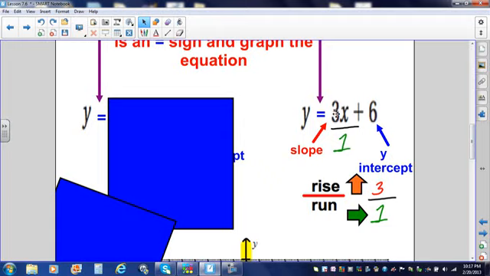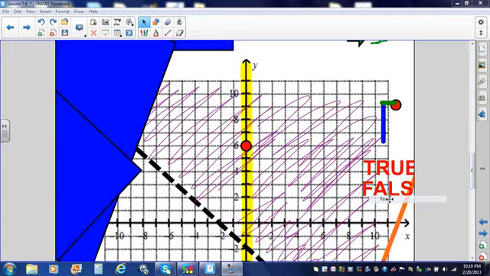Since 3 is positive, I'm going to go up 3 and right 1. Up 3 and right 1, and we will start at positive 6. Your y-intercept is positive 6. We're going to go up 3 and right 1. Up 3 and right 1. So we could put a dot.